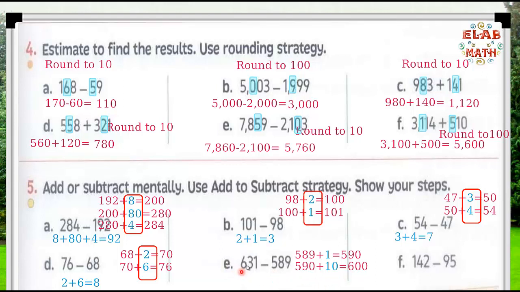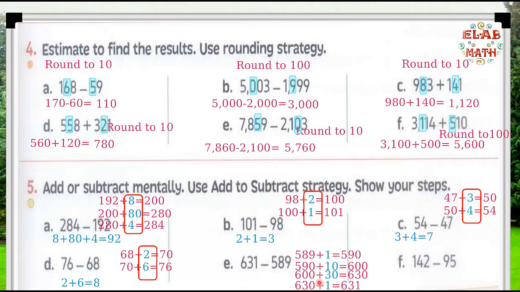I have 630, so you should add 30 to 600. I have 631, so you should add 1 to 630. Take the result here and add 1. Now we have reached the biggest number, or the minuend.